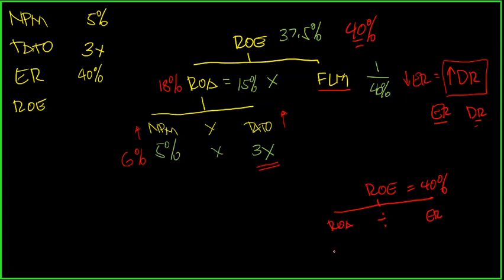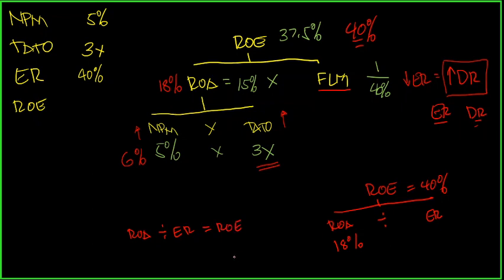Now, if my ROA is 18%, what do I divide 18% by so that I will get 40%? Many people get confused here, but let's analyze this further using basic math. If ROA is divided by the equity ratio, you will get ROE.